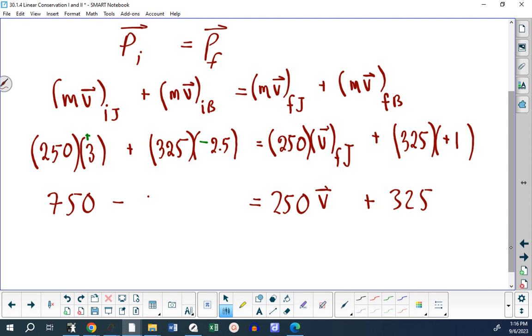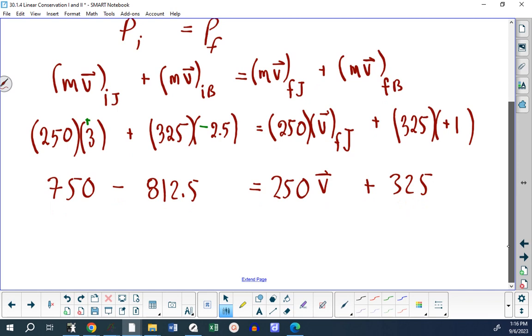Not bad for a Tuesday afternoon, minus 812.5. So, the rest of it, we could figure out the left-hand side is negative 62.5. Please, somebody double check my calculation there. I'm seeing some nods. Equals 250 V plus 325. I'm showing everybody more work than you need to show.